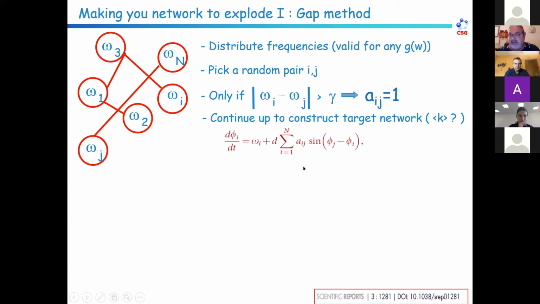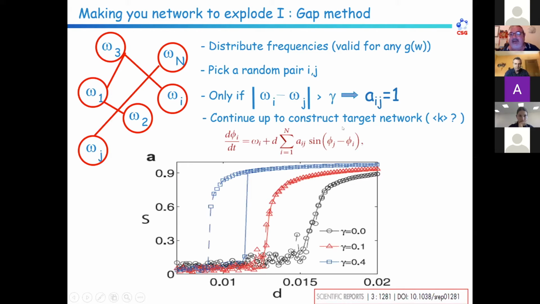Then the network defines for you an adjacency matrix, and you study this equation, which is the Kuramoto model, on this kind of network. And what you find is that if your gamma is 0, so you don't put any constraint, basically you pick any pair of points and you always put the link, you obtain an Erdős-Rényi network, a random network, and the transition to synchronization, this S is nothing but R, is continuous.